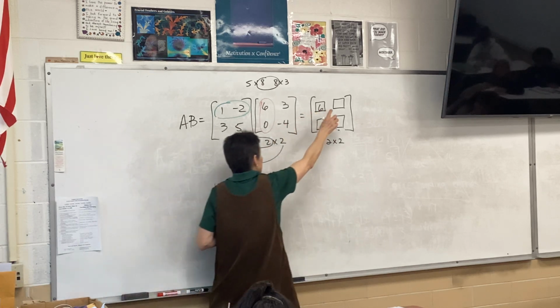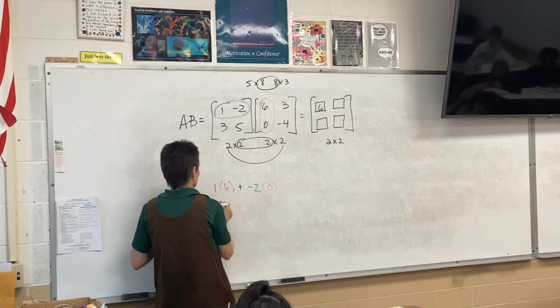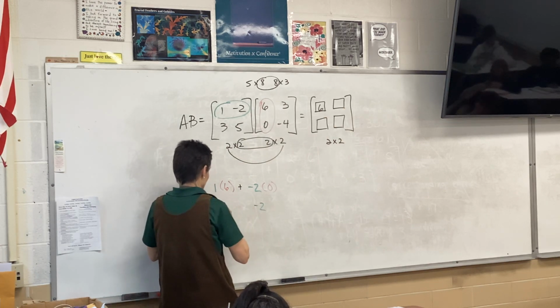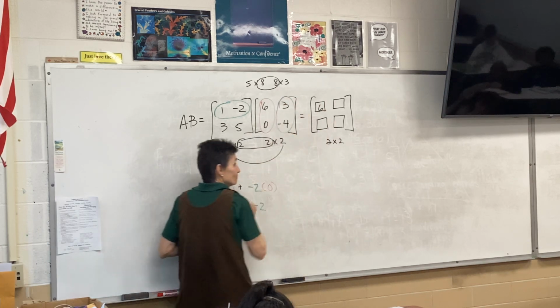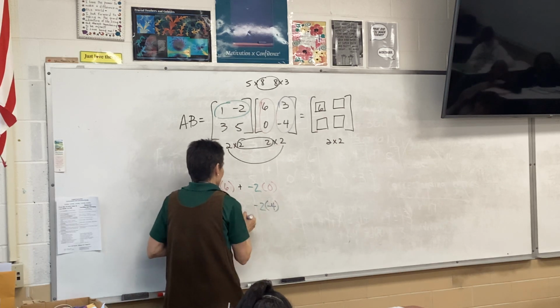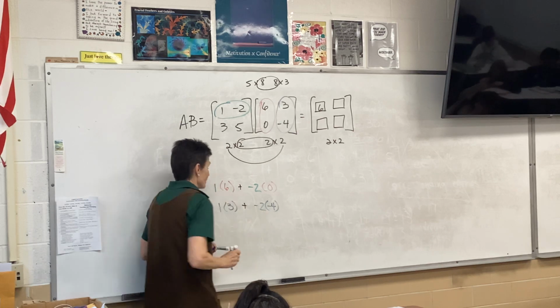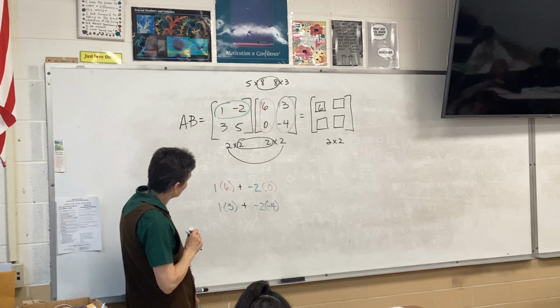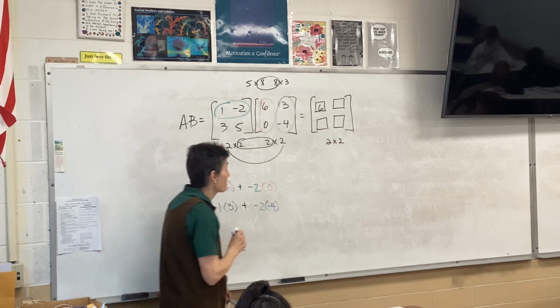Then, this number, I will multiply my first row times my second column and add them together. So what's that going to be? 7.